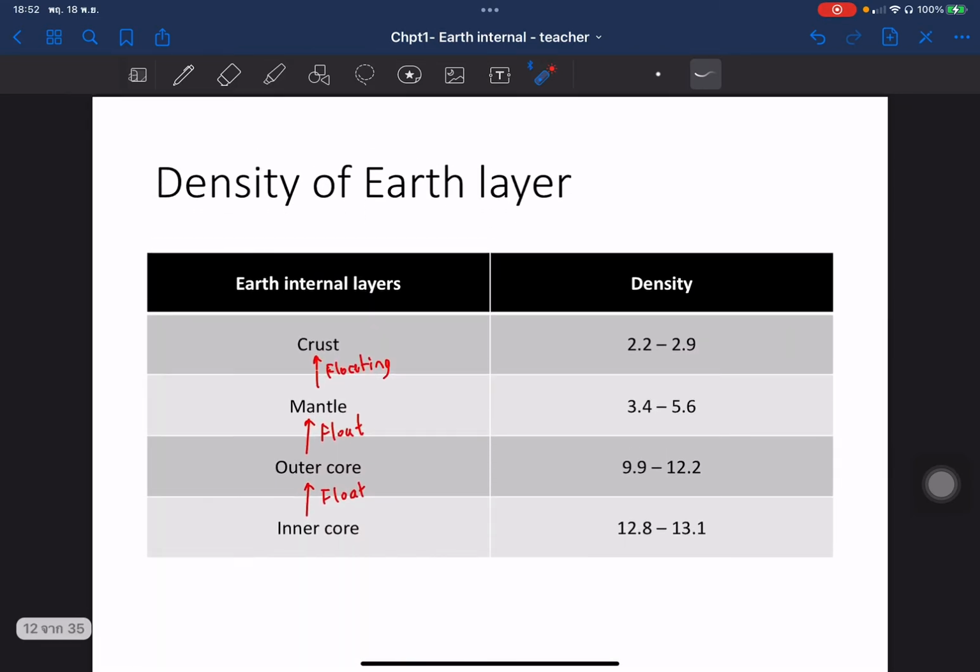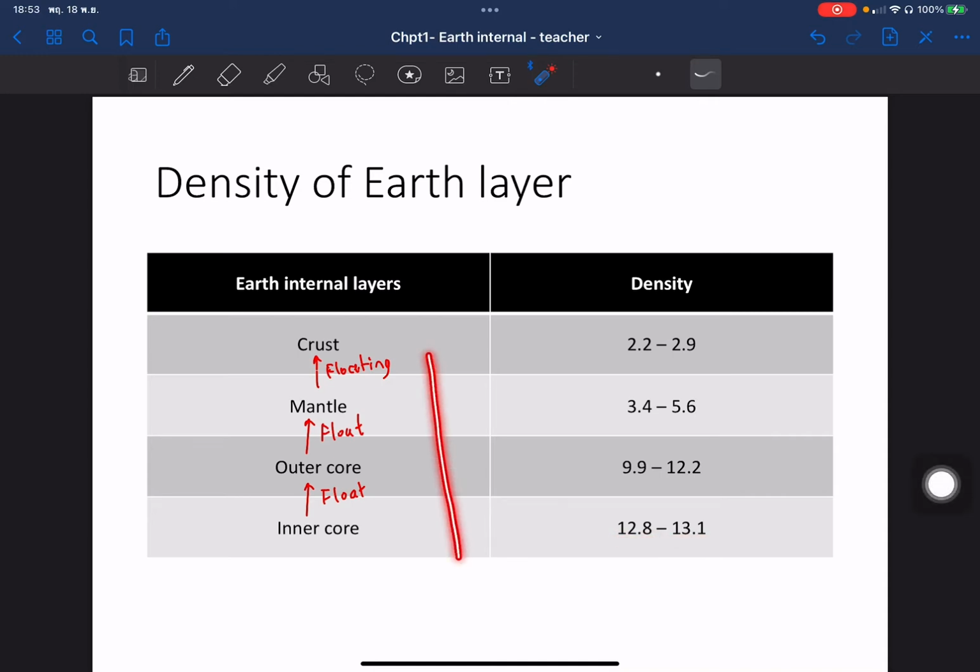And if we compare the densities of the Earth layers here, the crust will have the lowest density and get floating above the mantle, whereas the density increases to about 3.4 to 5.6. And deeper down in the outer core, we have 9.9 to 12.2, and going to the inner core, that is 12.8 to 13.1. So this will be each layer here.